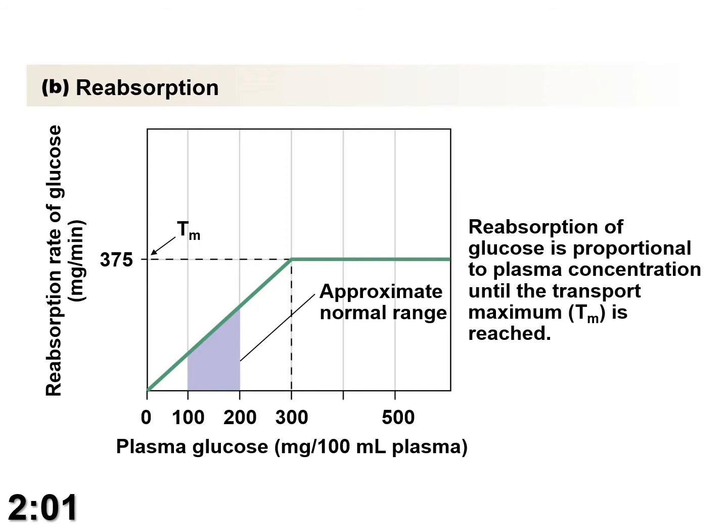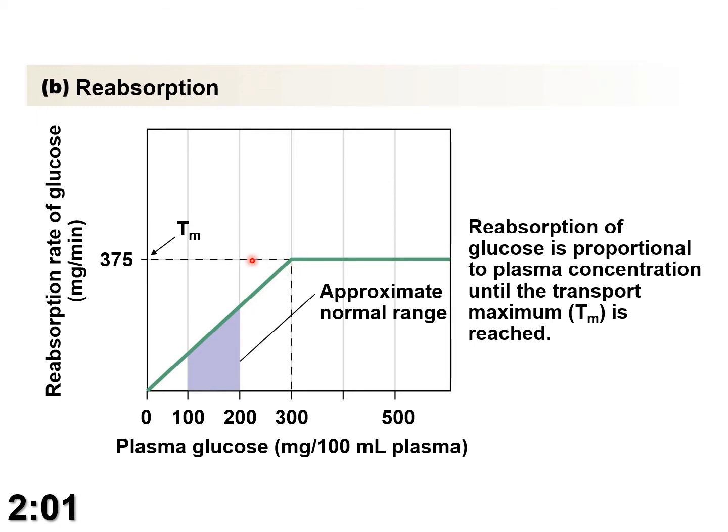And when you have lower concentrations of the substrate that's carried by the transporter, we always refer to it as the plasma concentration. That's just a way of convention. But in any case, if we have a low plasma concentration, all of that material that's supposed to be resorbed is resorbed. And we see that one-to-one ratio. We see that first order kinetics right up until we hit a point where those transporters cannot transport any faster.